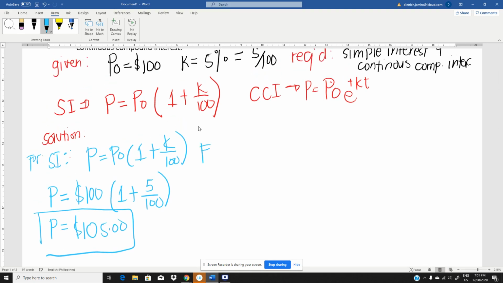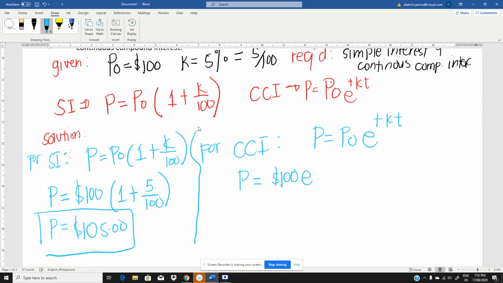While for continuous compound interest, we will have the formula P is equal to P0 times the exponential of positive kt. Substituting our givens, P is equivalent to our P0, which is $100, multiplied by the exponential of positive k, which is 5 over 100, multiplied by t.